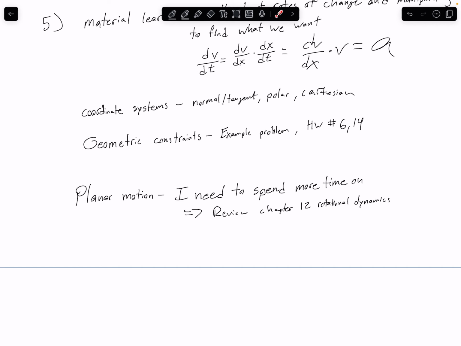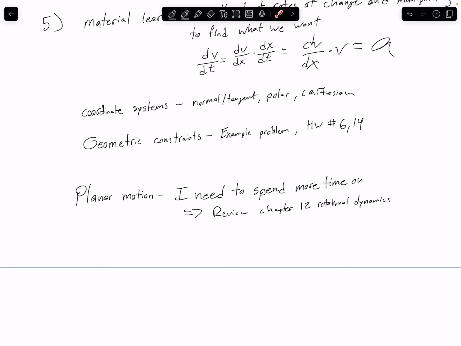I mean, you can define your positive values anywhere, or which way is positive. And then I believe it's planar motion, or just that rotational dynamics, as I have written right there, is something that I need to continue to go over, because that part's a little confusing for me at the moment.